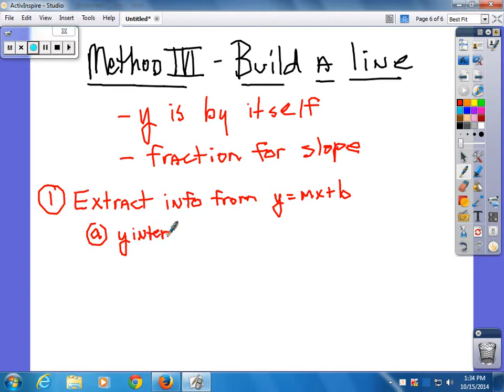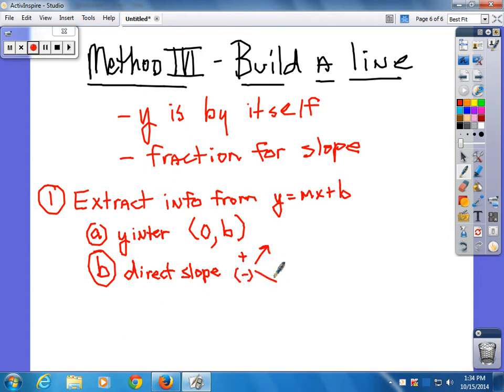And you're going to write it 0, comma, b. Because y-intercept, what is always 0? X. We just learned that in method 2. B, direction of the slope. Either it's going to be positive, which means left to right up, or it's going to be negative, which means what?